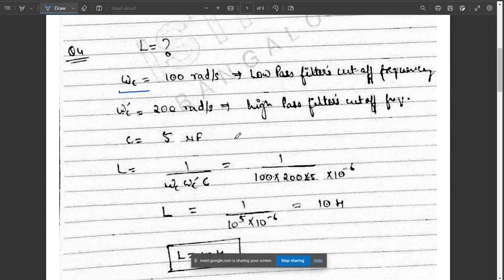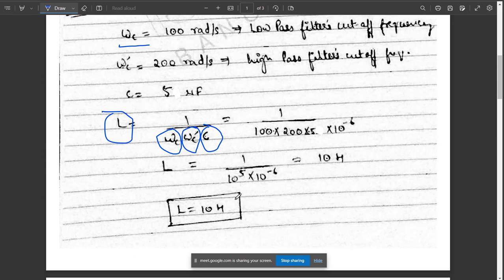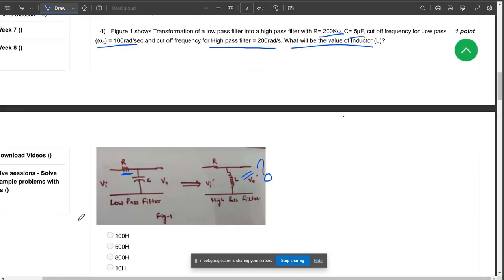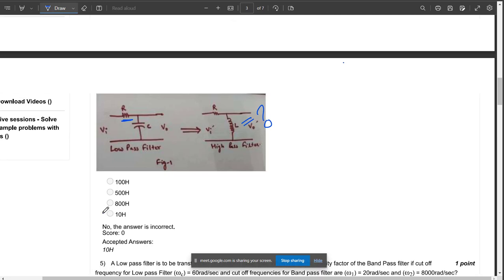You have to put all the values in that formula, and to find out the value of the inductor, it is 1 upon the low pass filter cutoff frequency, the high pass cutoff frequency, and the value of C. So we'll put it here and we'll get 10 henries. So 10 henry is the correct answer. Clear? 10 henry is the correct answer.